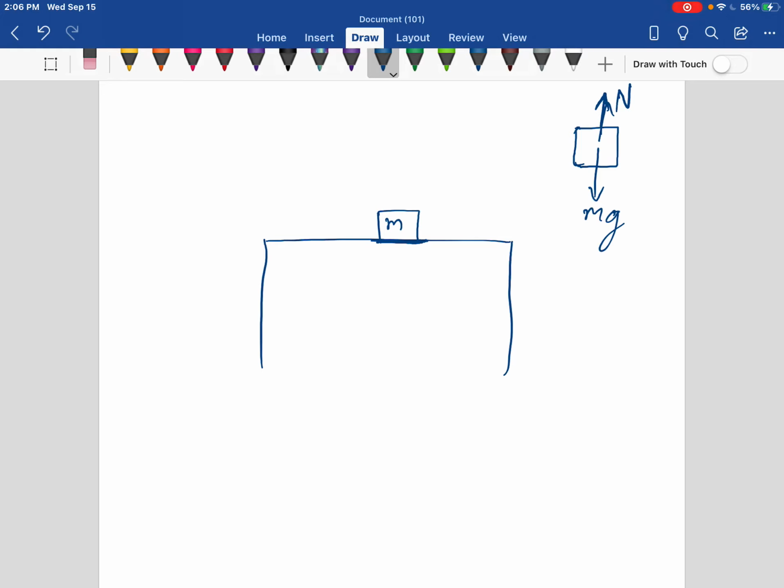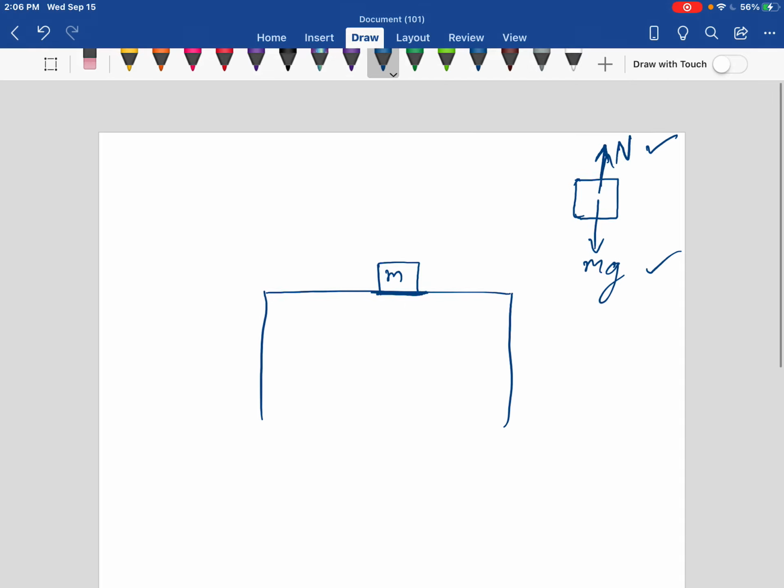Now, in this case as well, Newton's first law applies, because there are two external forces, right? One is this, one is this. Both of these are external forces acting on that object. However, these forces cancel out exactly. Just because these forces cancel out exactly, you can still say that the object remains at rest.